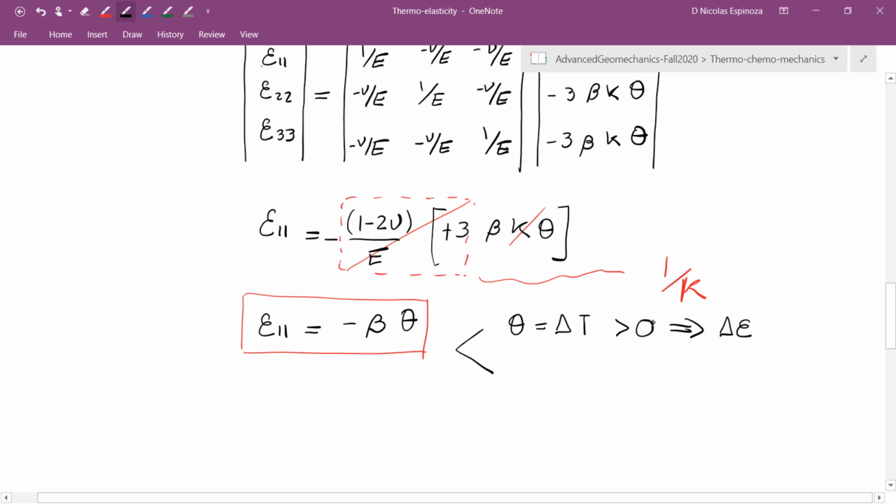Let me rephrase, I'm not sure if I said this correctly before. If I have a positive change of temperature, that means an increase in temperature, then this is going to be positive, and all this result is going to be negative. And a negative change of strain, according to the geomechanics convention, is going to be a dilation.